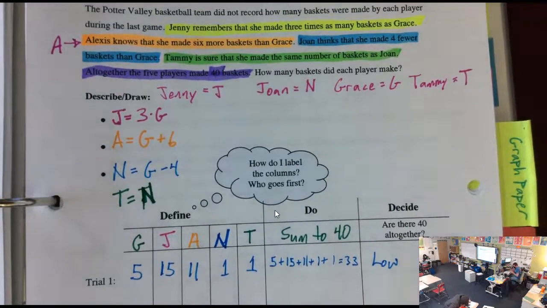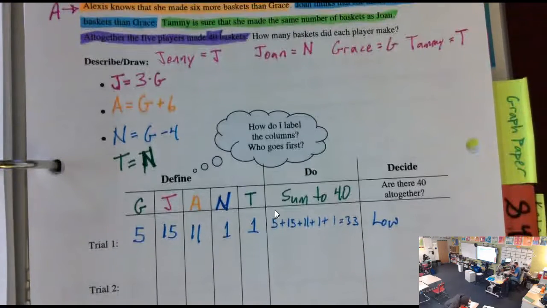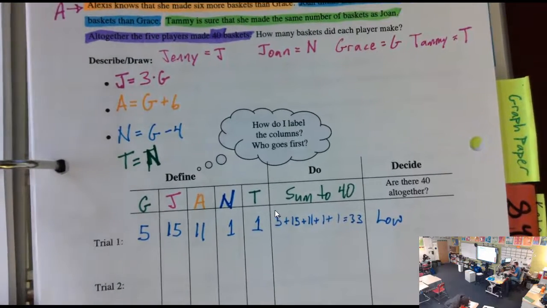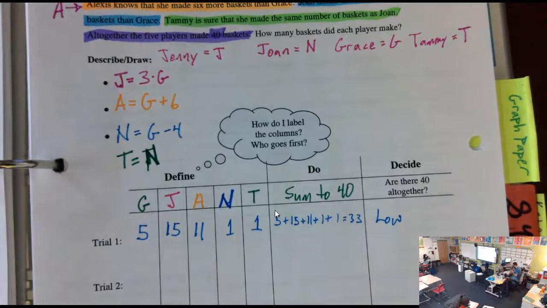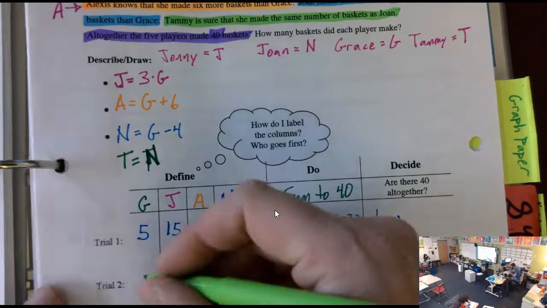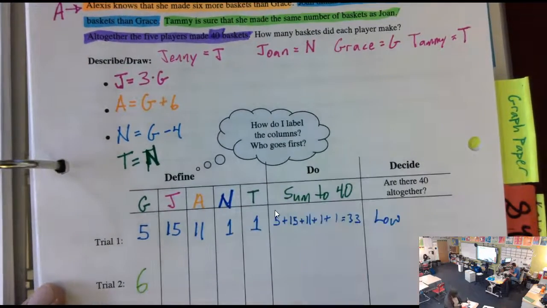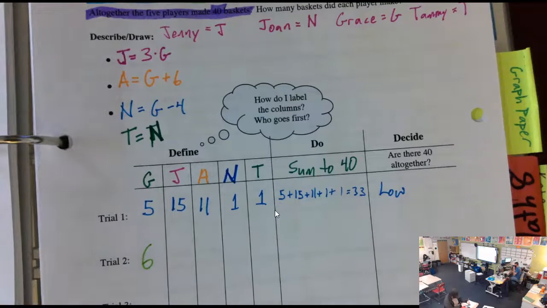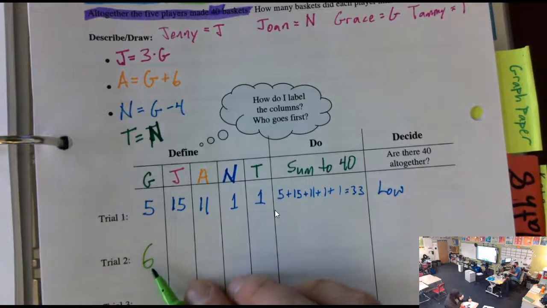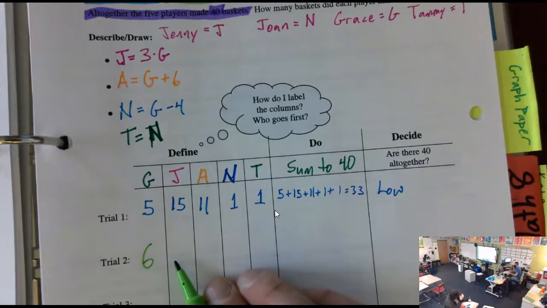So, should I jump up to like 10, or should I go slowly? Try 6? If Grace is 6, Joan is 3 times 6. What's 3 times 6? 18.